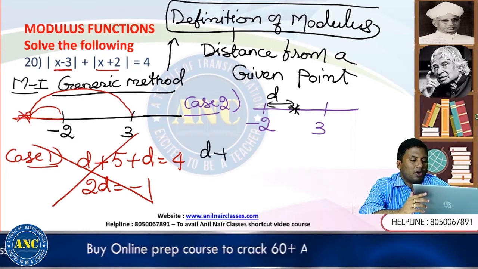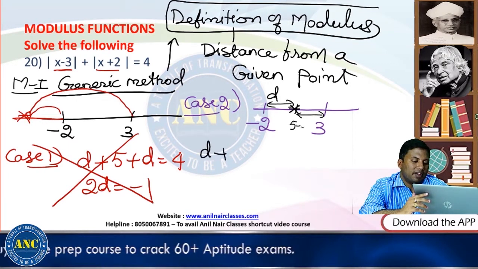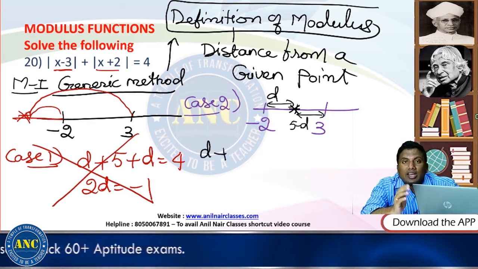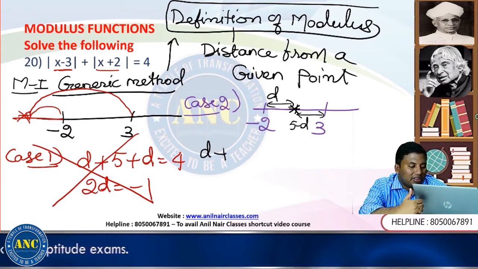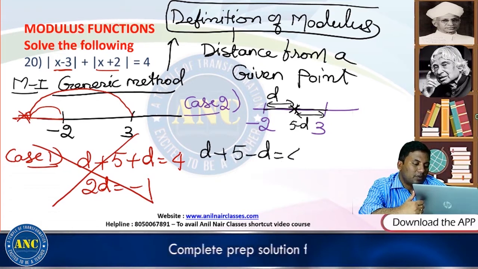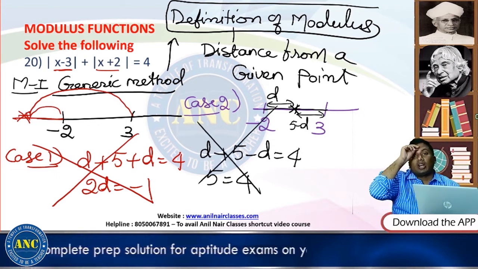D plus mod x minus 3 means this entire distance will be 5 minus d. Yes or no? Because from minus 2 to 3 the gap is 5. If this is d, the remaining will become 5 minus d. D plus 5 minus d equivalent to 4. 5 equivalent to 4, not possible. Case 2 also is not possible.